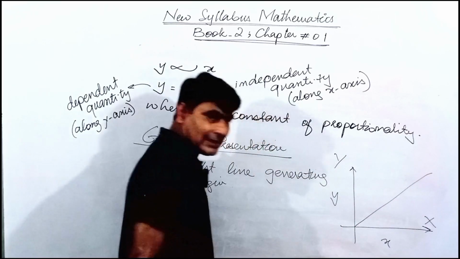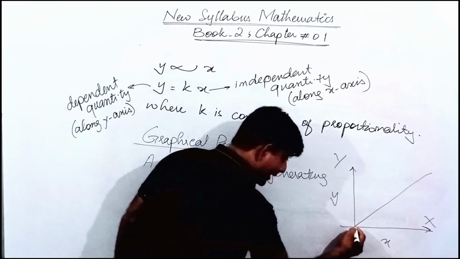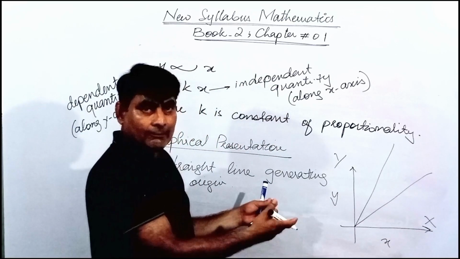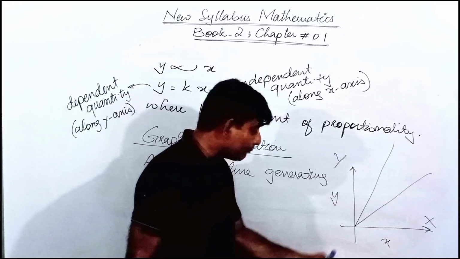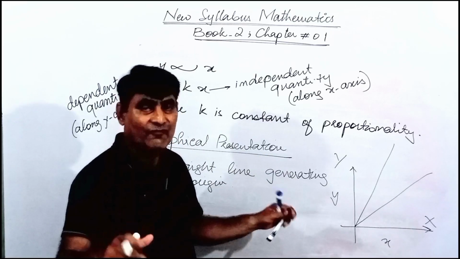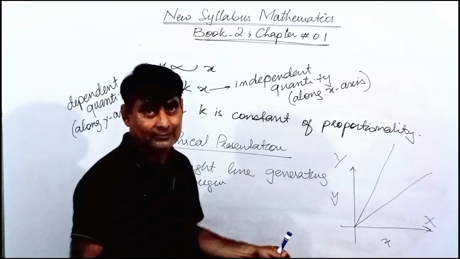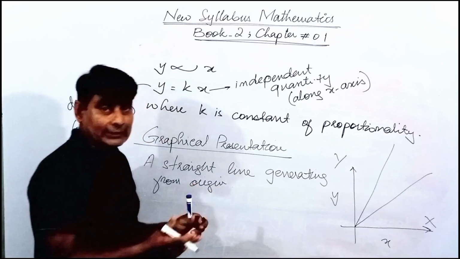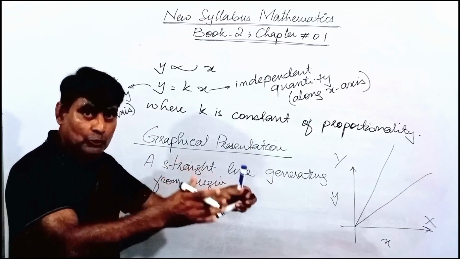You have to draw like this, or we can draw like this as well. Any one of them. Both are straight lines and both are generated from the origin. So you draw any one line for any relation between two quantities which are directly proportional.